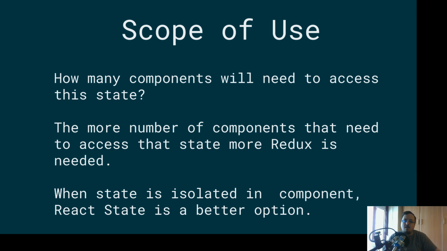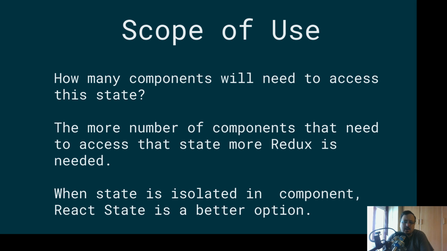If every component in your application accesses the state, and you have like 30 components, maybe you shouldn't put that username or that state in React, because you have to make magic and a big effort to manage that state.